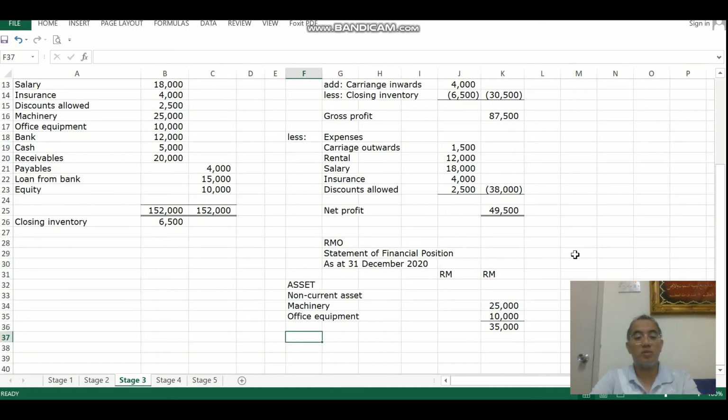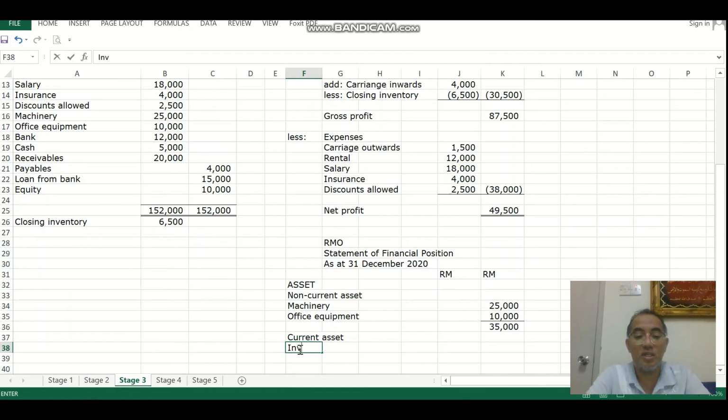And we move on to current asset. So our current asset consists of, of course, this time I remember because I keep on forgetting, my closing inventory. So the closing inventory, you close your inventory at the end of the year or the end of the accounting period. So as at 31st December, this is your closing inventory.